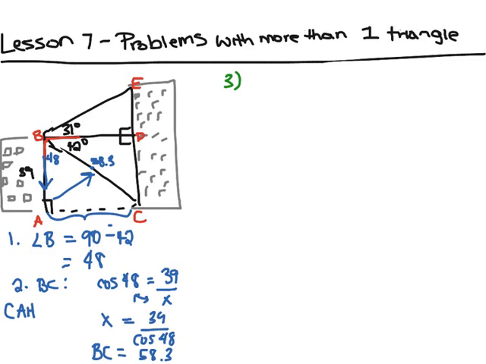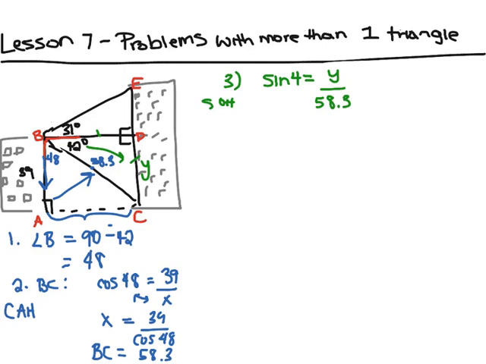Our next step is we can do two different things. We're going to need both this side and this side. So let's start with DC. So from 42, that is our opposite side. We know our hypotenuse, so we're going to use sine. So sine of 42 is equal to opposite, which is, let's call this y, y over hypotenuse, which is 58.3.